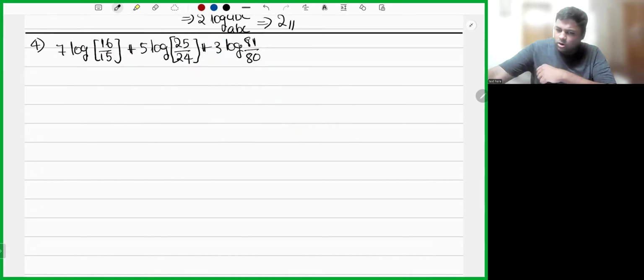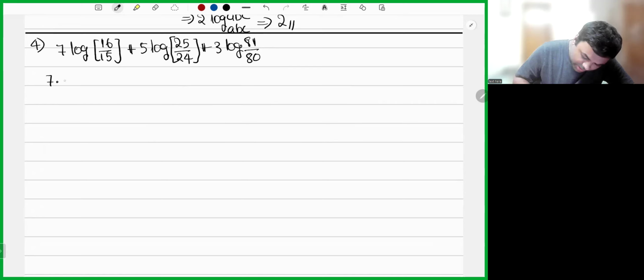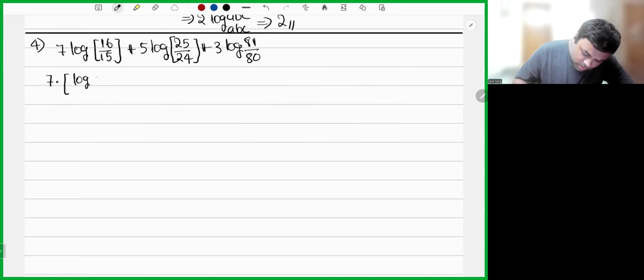Now, 7 log 16 by 15. Now, 7 into log 16, how can I write it? Let's change it back into a number.